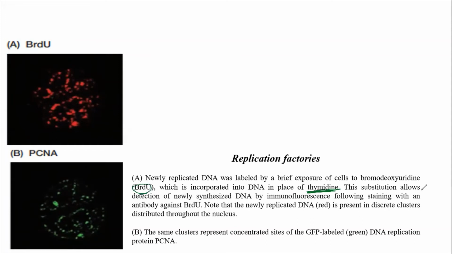This substitution allows detection of newly synthesized DNA by immunofluorescence, following staining with an antibody against bromodeoxyuridine. Now, wherever you see bromodeoxyuridine, what does it show? That there is replication going on. Clear?